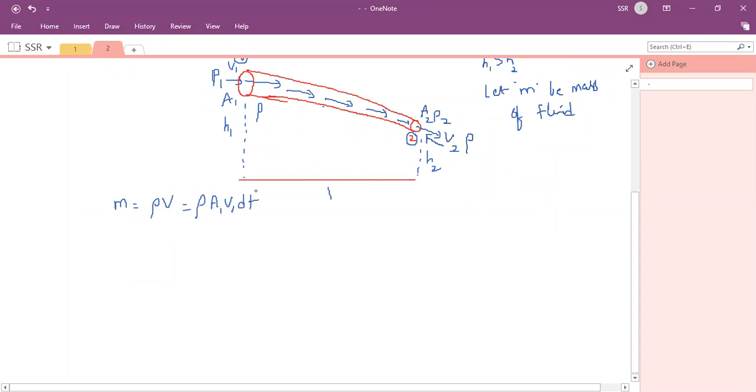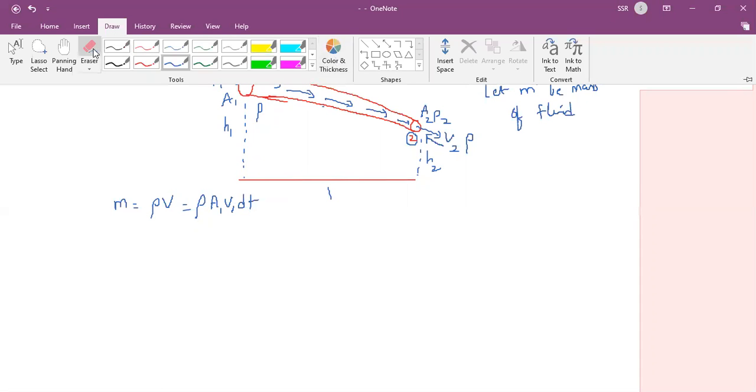Density into volume. Are you clear? This mass is equal to rho V, which is rho A1 v1 dt. This v1 is the speed for a dt interval of time. How did it come?